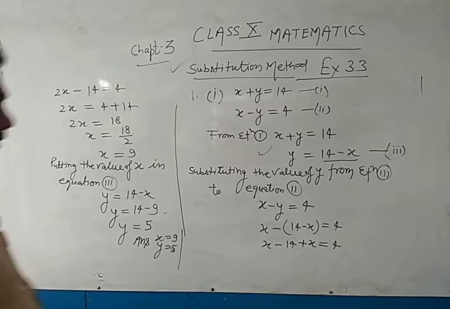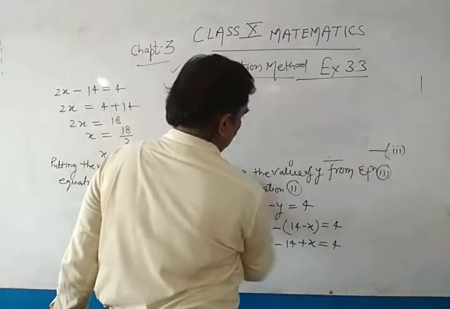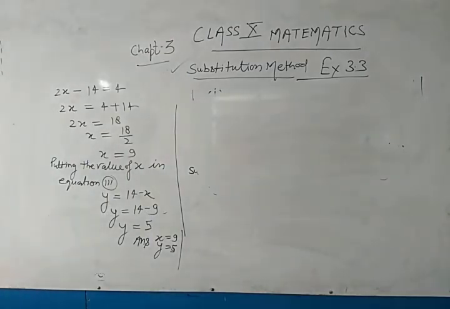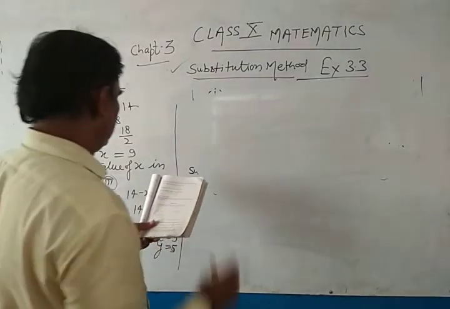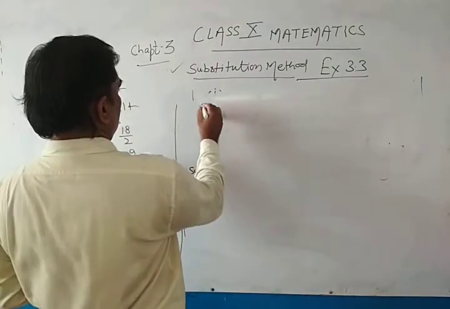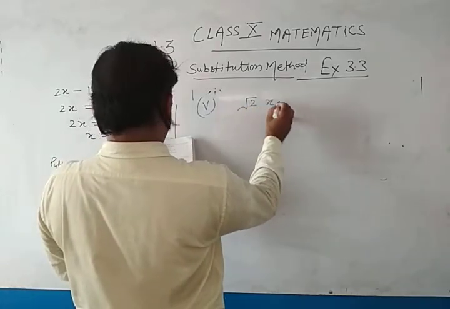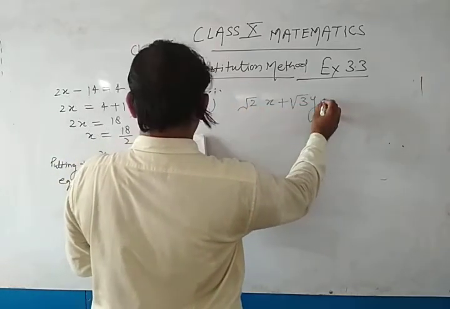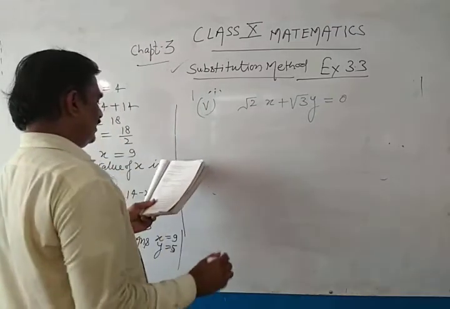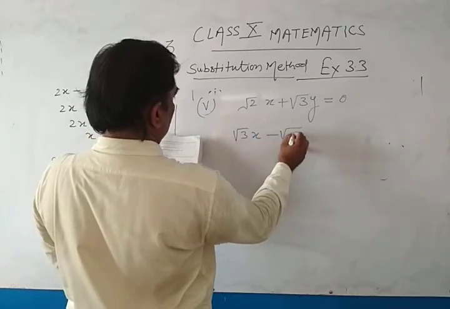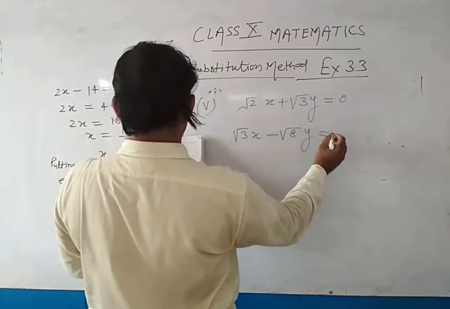Okay, students. Now part number 5, we have root 2x plus root 3y is equal to 0, and the second equation is root 3x minus root 8y is equal to 0.